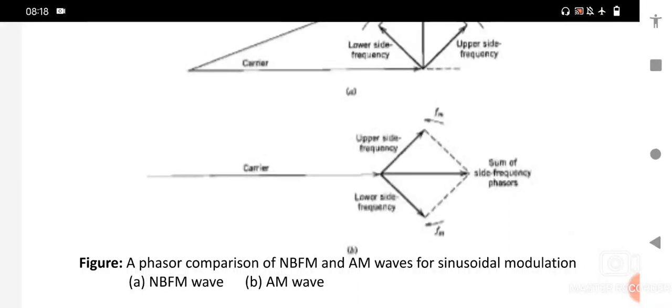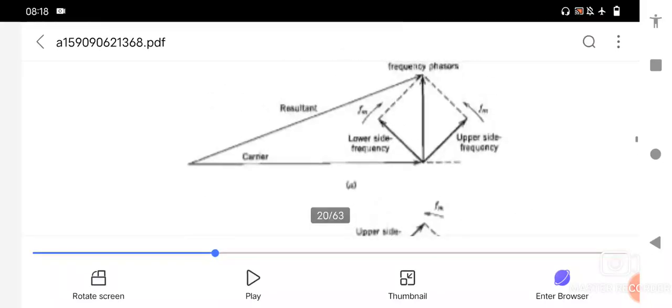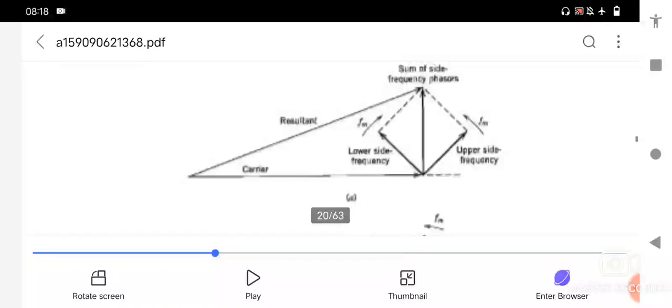In figure A, the resultant of the two side frequency phasors is always at right angles to the carrier phasor. This is represented as the upper side frequency and lower side frequency, the sum of side frequency phasors, and we have the carrier signal, which is represented as the resultant signal.